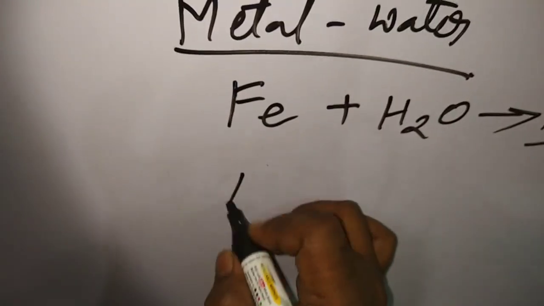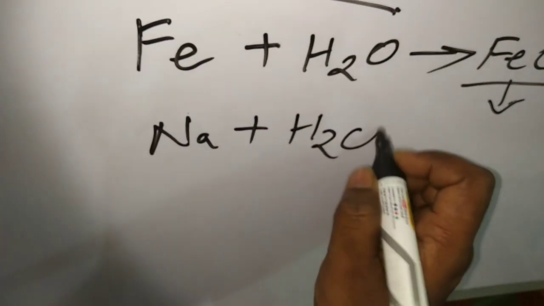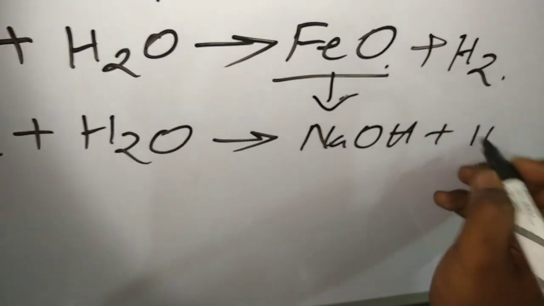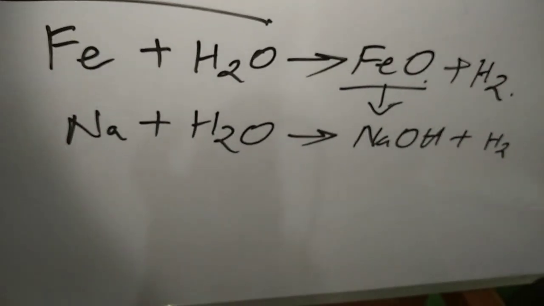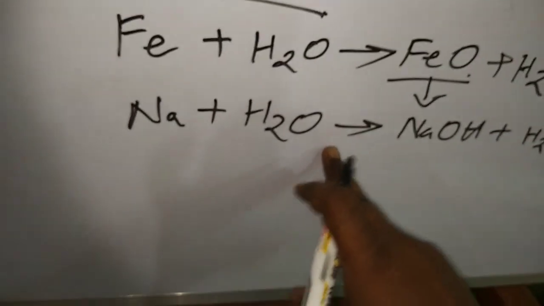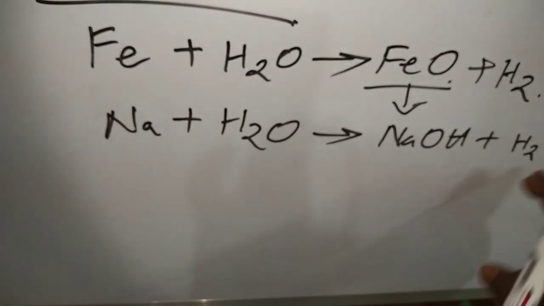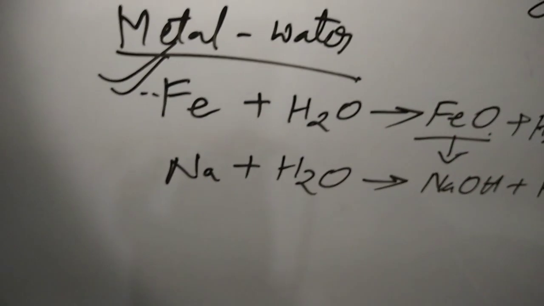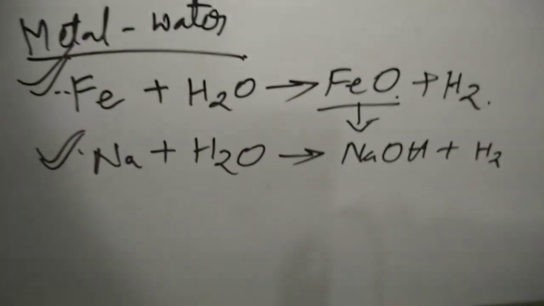Now see other examples of metal and water. When sodium reacts with water, it forms sodium hydroxide and hydrogen gas. This is a fast and vigorous reaction, and also heat and light are occurring in this reaction. This one, Fe plus H2O, is the slow reaction, but this one is the fast and vigorous reaction.